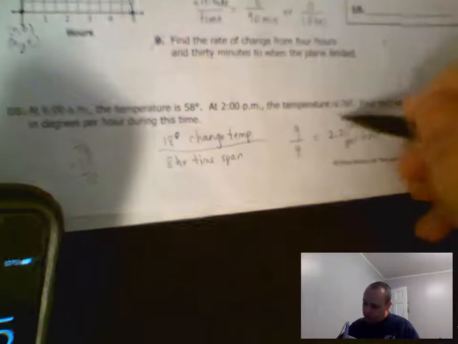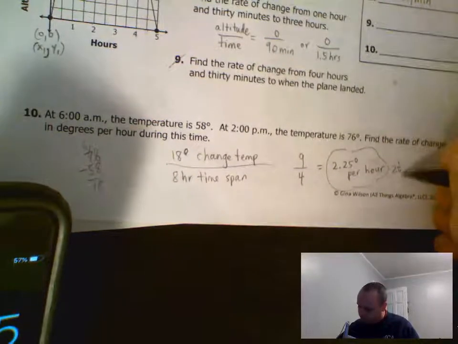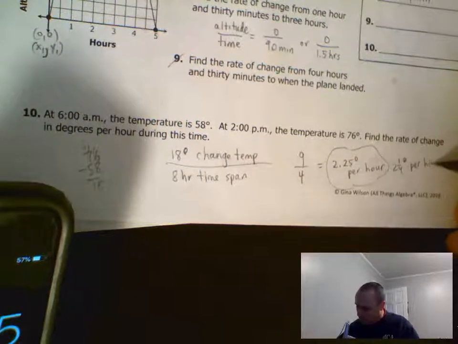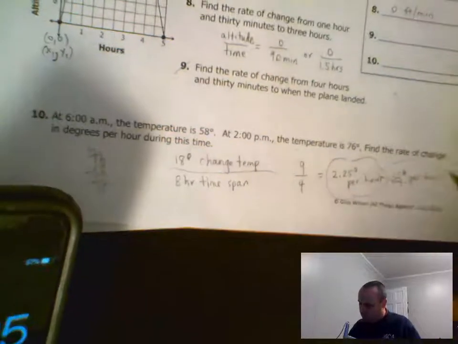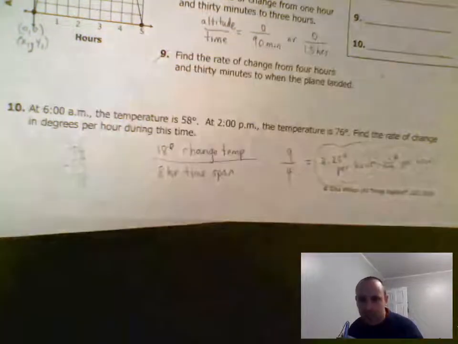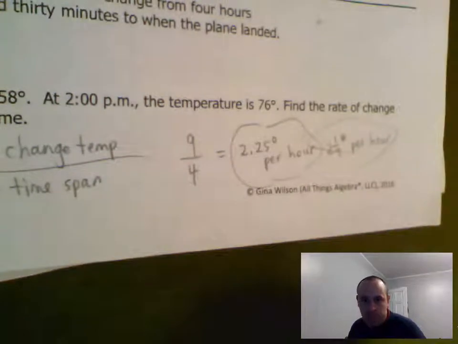Okay. Or you could have said 2 1/4. If you said 2 1/4 degrees per hour, you're also correct. Okay, 2 1/4 degrees, that's a degree sign. You're also correct.